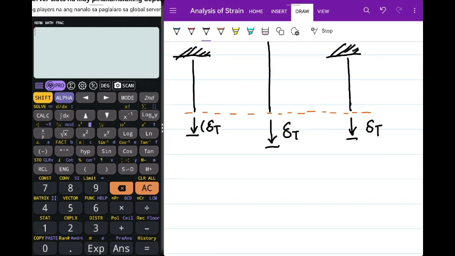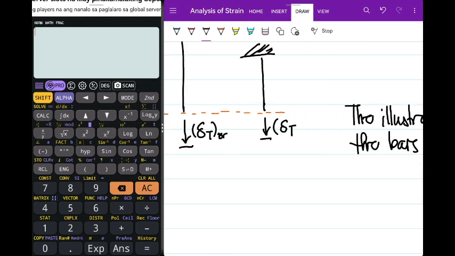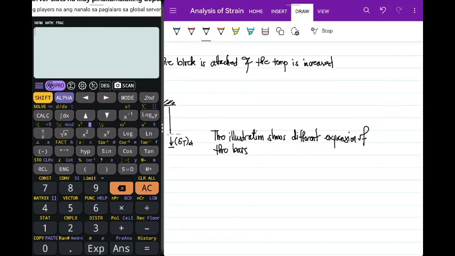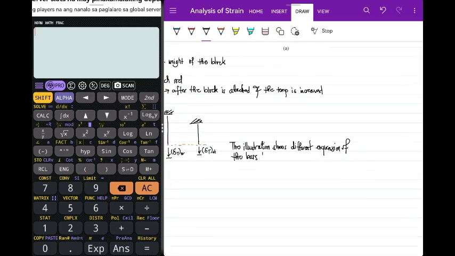Now, like I said, just like in the lecture video, the purpose of the first step after doing some sketches is to have our material exhibit as if it has a free end. So it is as if we cut our rods and then we let our rod freely elongate due to temperature change.